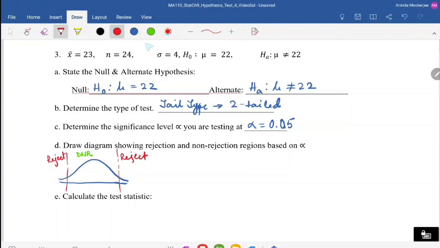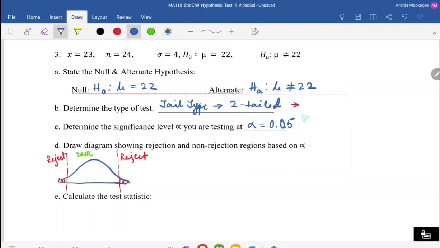Again, the areas, however, all right, the areas of both the reject regions will not just be 0.05, that's the value of alpha. For a two-tailed test, we must divide alpha into two equal parts and distribute it to both the reject regions, all right? Let me write that down here.